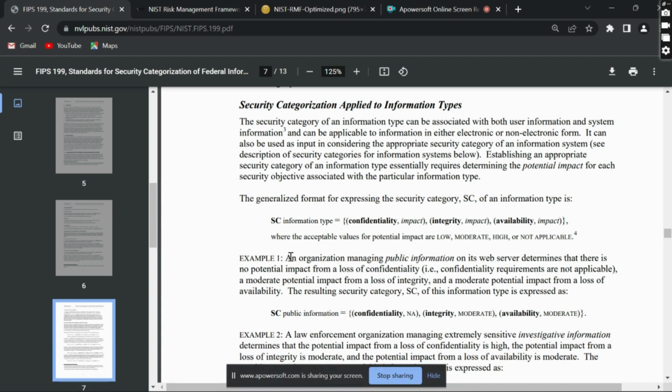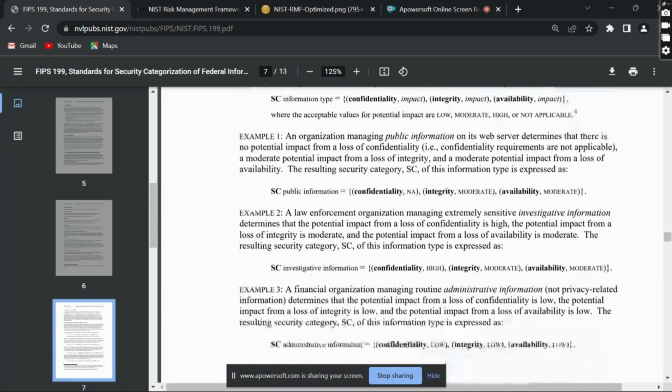Example 1. Let's do an example, okay? An organization managing public information on its web server defines that there is no potential impact from a loss of confidentiality. So the word here is no. There is no potential impact from a loss of confidentiality, okay? A moderate potential impact from a loss of integrity.